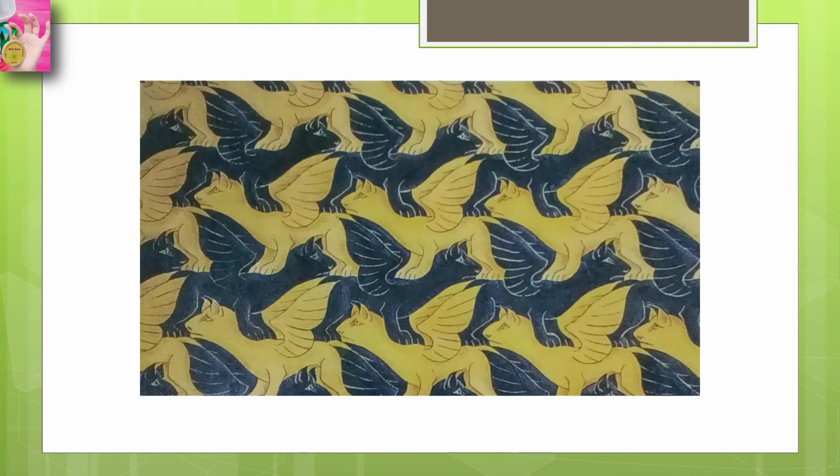Now, in nature, ambiguous figure and ground relationships are quite common, and many insects and animals have markings that act as natural camouflage and prevent their detection by predators. And when an animal blends in with its background, a predator cannot distinguish the animal, which is the figure, from the background, which is the ground.